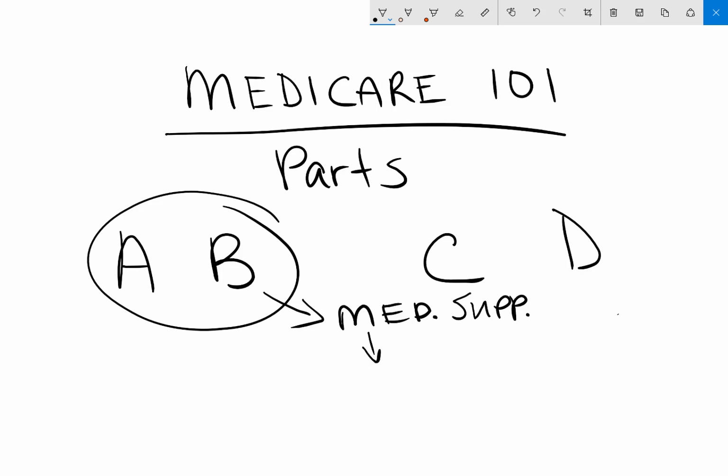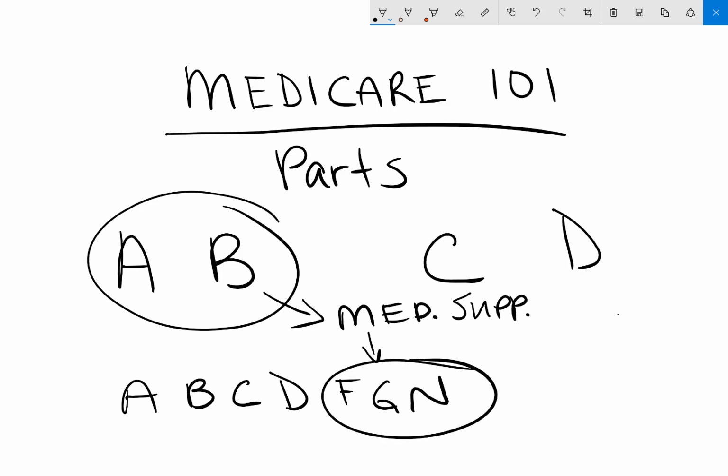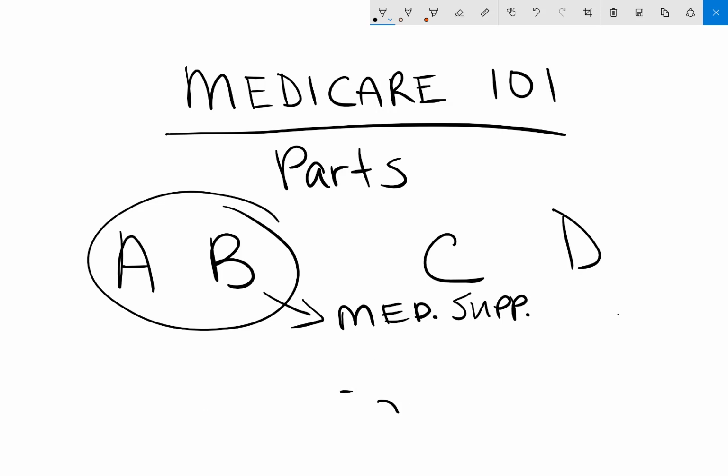At that point, you have plans A, B, C, D, F, G, and N available in most states. Right now, the most popular are plans F, G, and N. So at that point, we'll do away with the rest, and we'll look just strictly at plans F, G, and N.